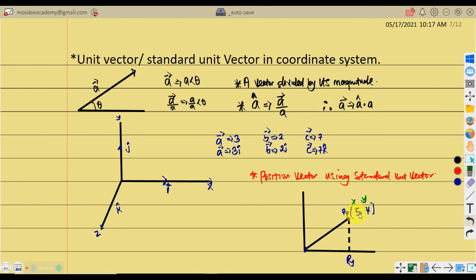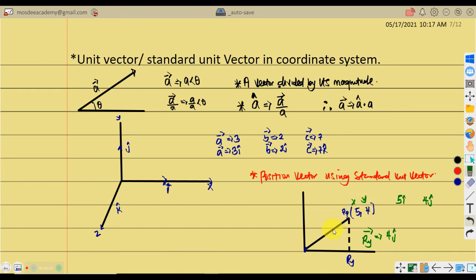So we can represent the 5 according to unit vector as 5 i cap, and the y value we write as 4 j cap. The position vector of RY vector is the y coordinate, written as 4 j cap.